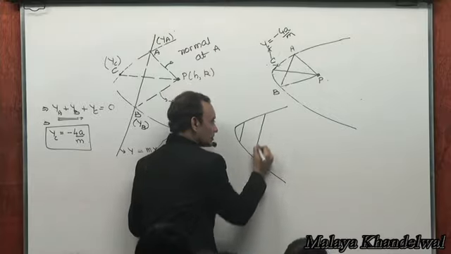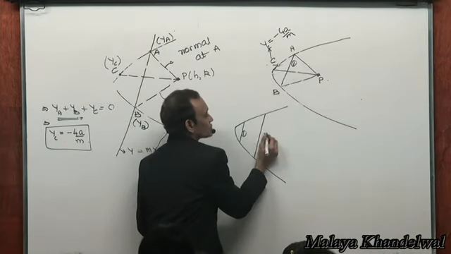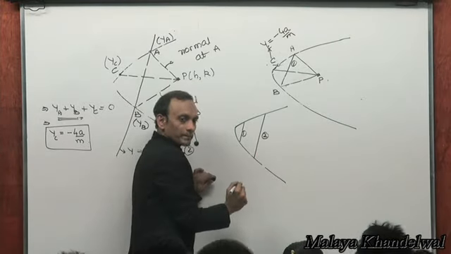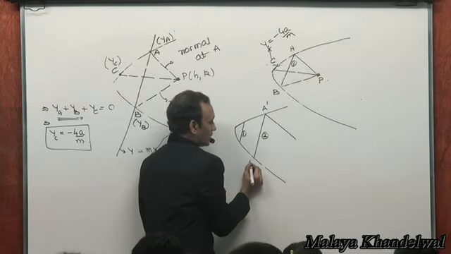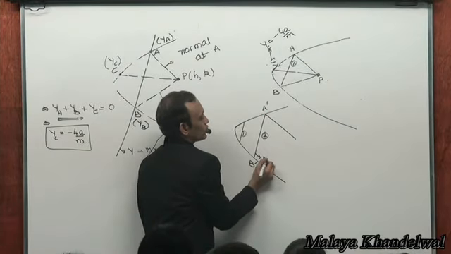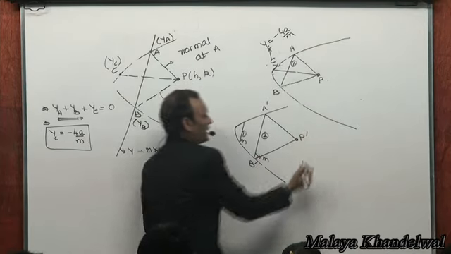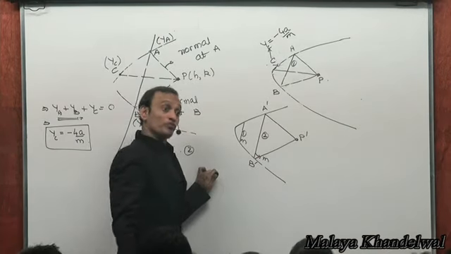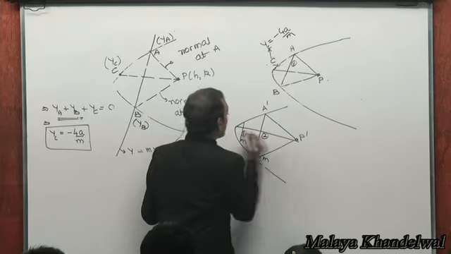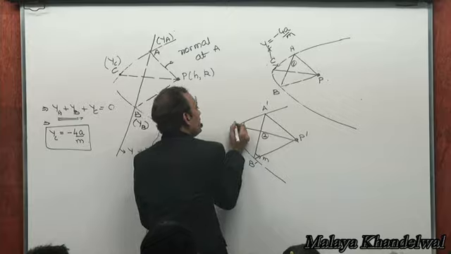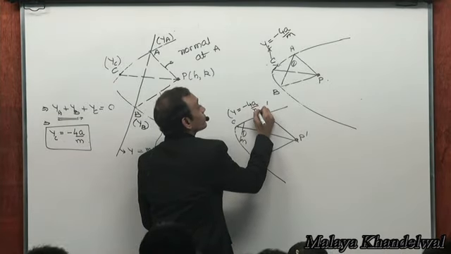If I take some other chord, say this was chord 1 of slope M, and this is chord 2 of slope M, I draw a normal at this A prime and a normal at B prime. Then they intersect at P prime, and for P prime, I draw a third normal. Then the third normal would again be at the same C, which is Y equal to minus 4A by M. Yes or no?